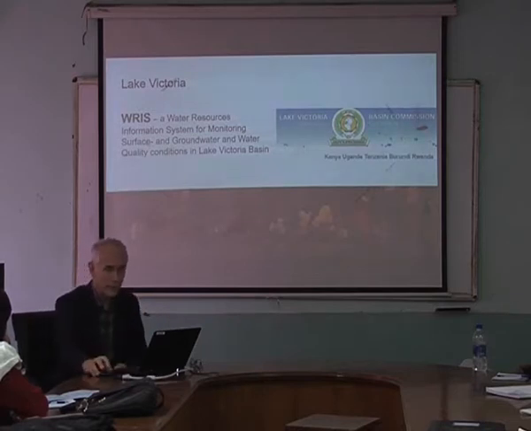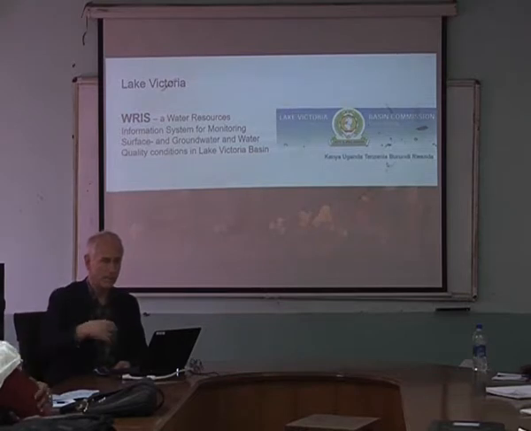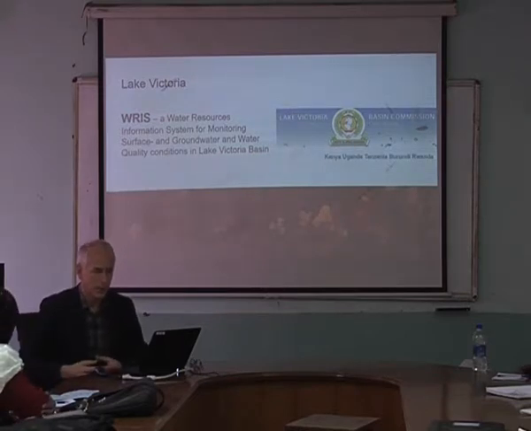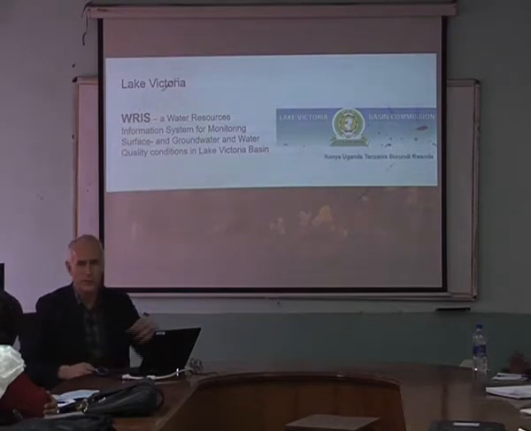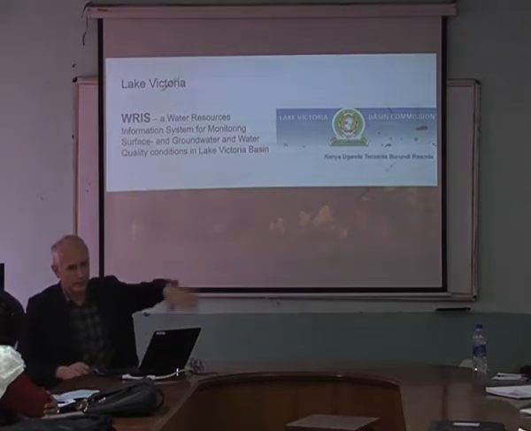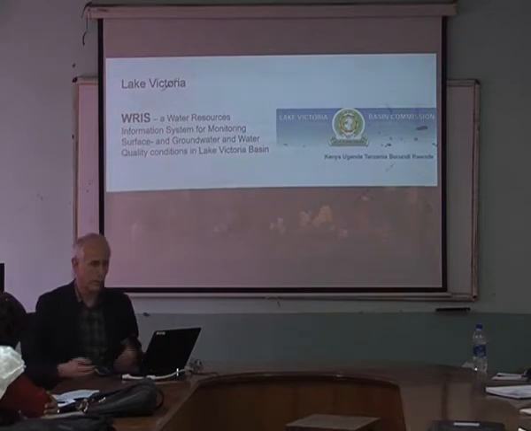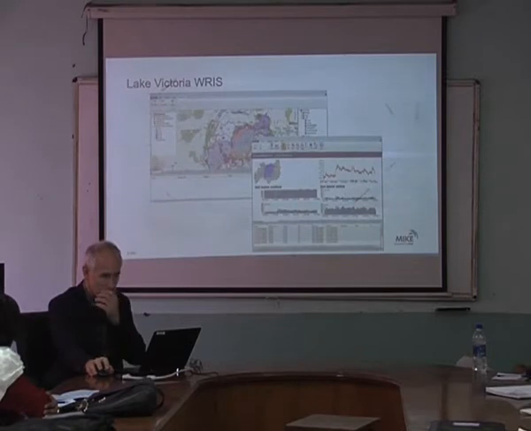And this happened for Lake Victoria, where you have these 5 countries around that same lake. They wanted to monitor the conditions both in the catchments that run into the lake and then the lake itself, water quality, water levels, flow, rainfall, all these different things. Right?